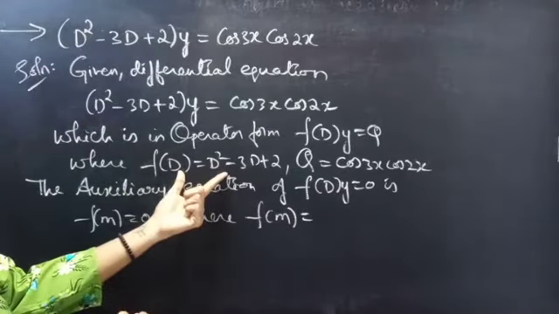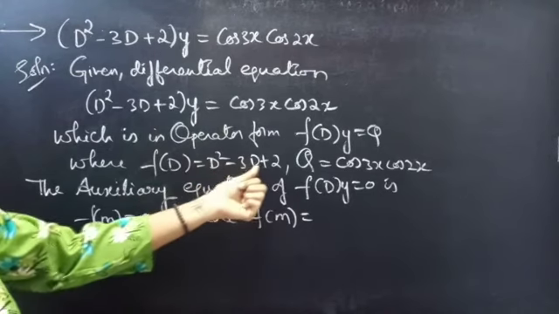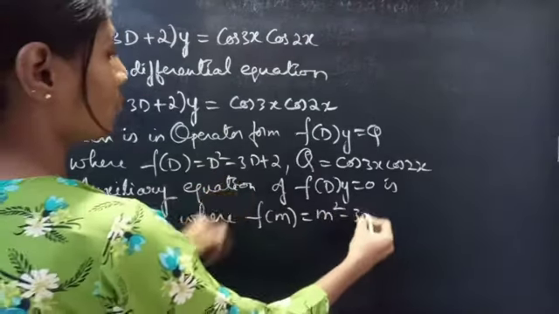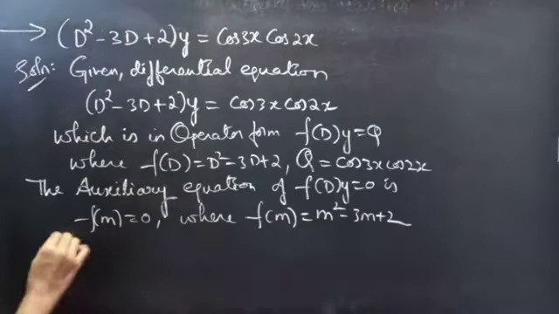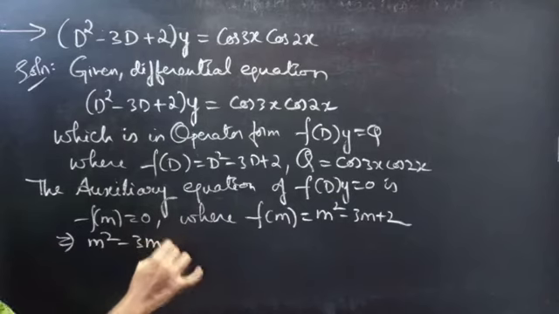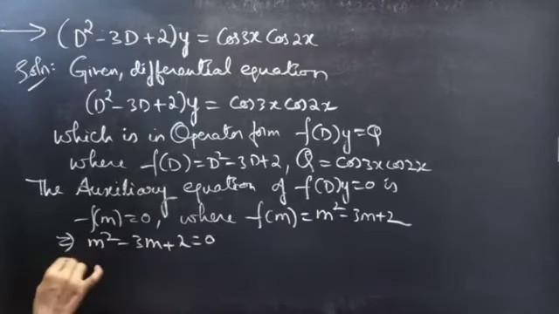So we can replace the differential operator D by m to get f(m) = m² - 3m + 2. Now our auxiliary equation becomes m² - 3m + 2 = 0.